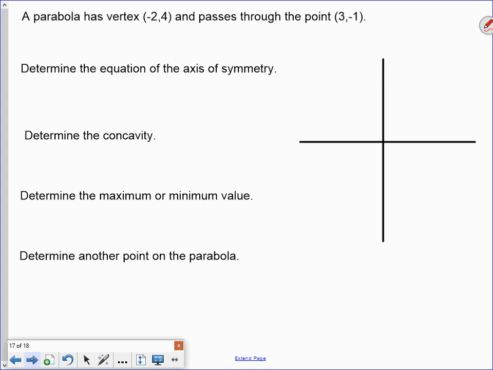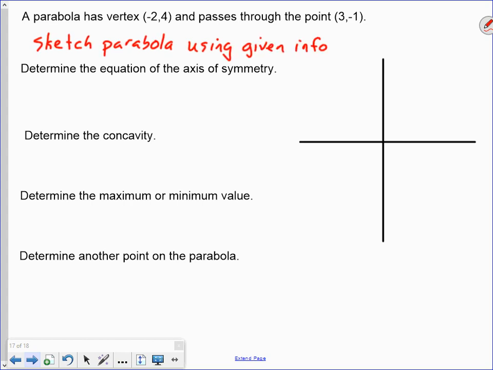To help you doing all of this, the best advice I have is try to make a little sketch of the parabola using the given information. So the information that we're given here is that there's a vertex at (-2, 4).